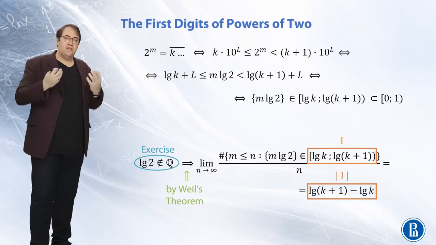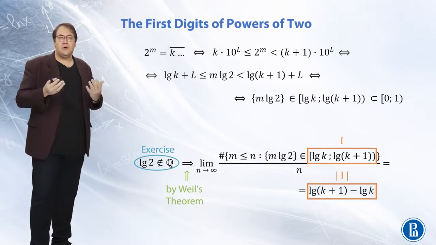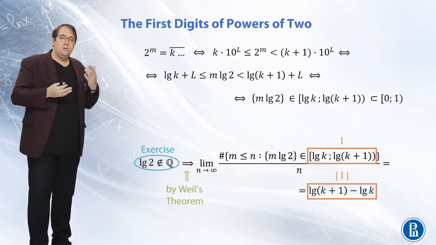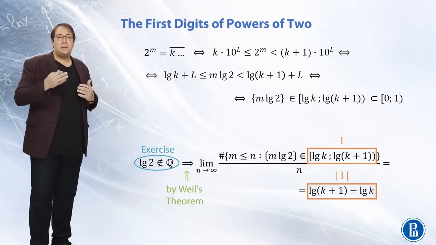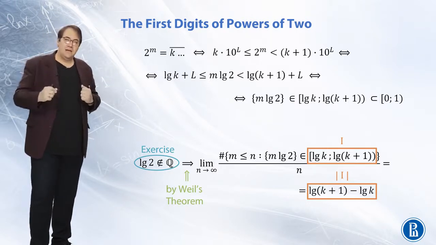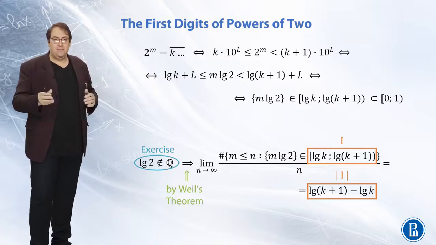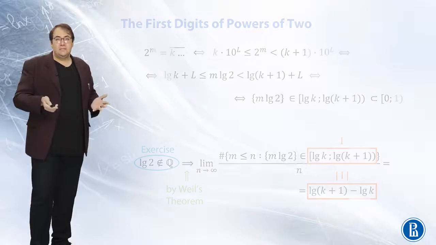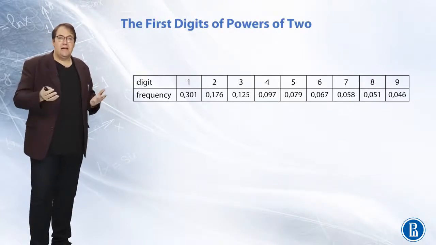The frequency of k as the first digit of a power of 2 is equal to log (k plus 1) minus log k, all base 10. For instance, if we go back to the table of frequencies, how do we calculate the frequency of 5?